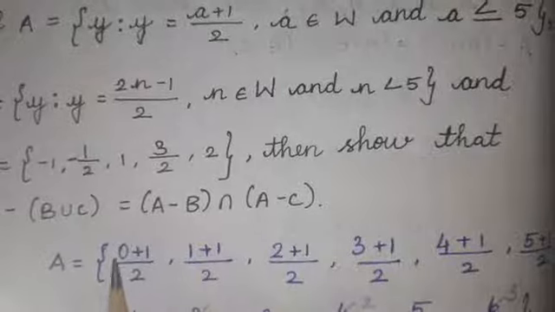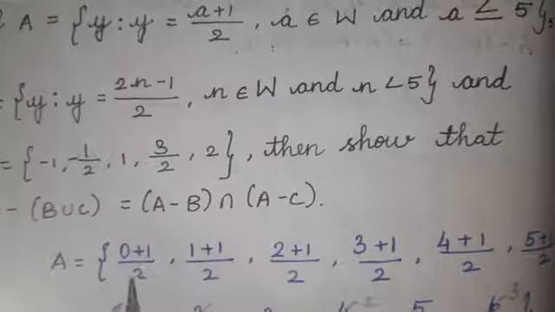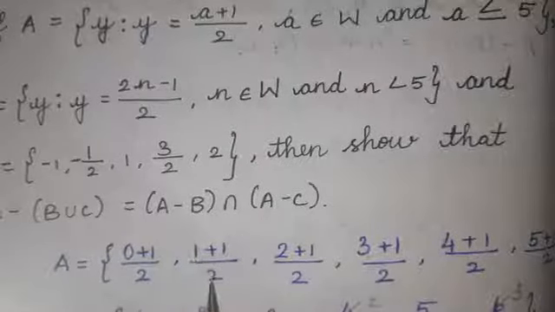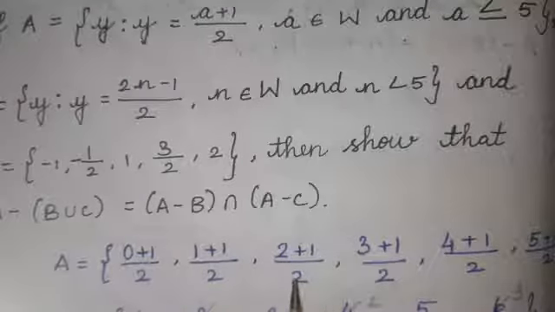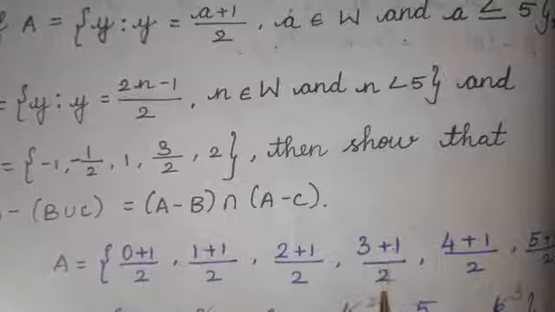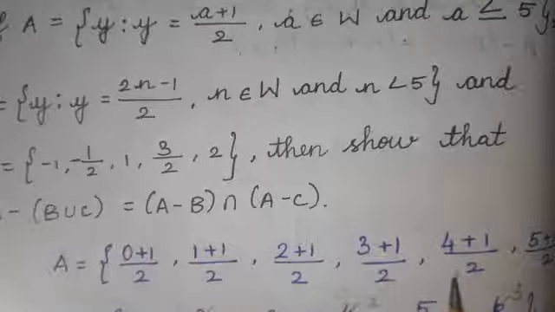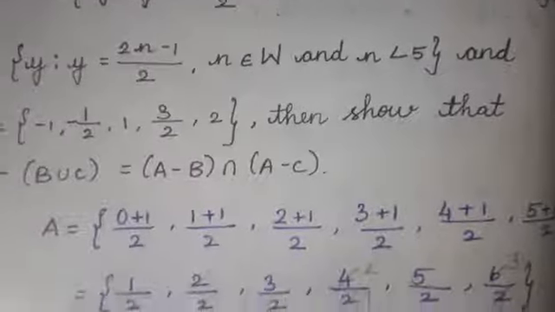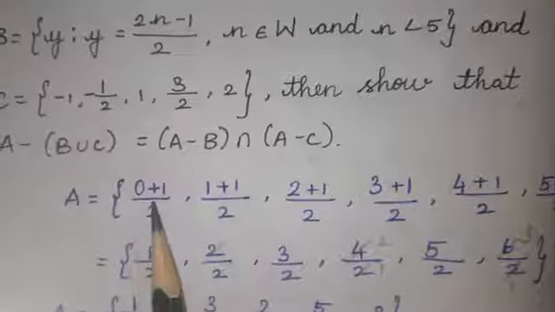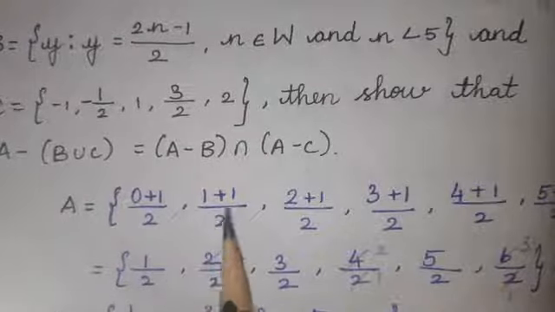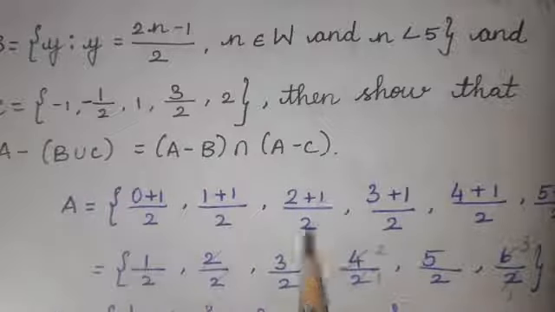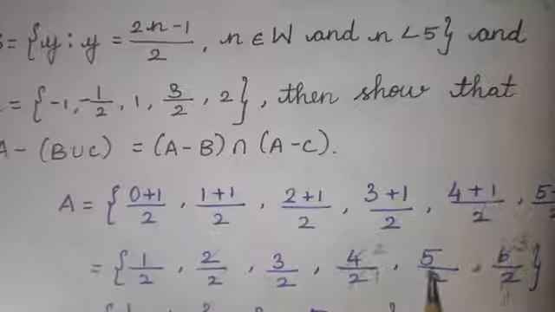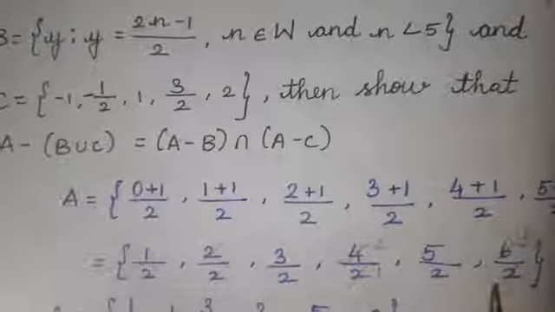Therefore A = {(0+1)/2, (1+1)/2, (2+1)/2, (3+1)/2, (4+1)/2, (5+1)/2}. Next you should simplify this one. 0 plus 1 is 1 by 2, 1 plus 1 is 2 by 2, 2 plus 1 is 3 by 2, 3 plus 1 is 4 by 2, 4 plus 1 is 5 by 2, 5 plus 1 is 6 by 2.